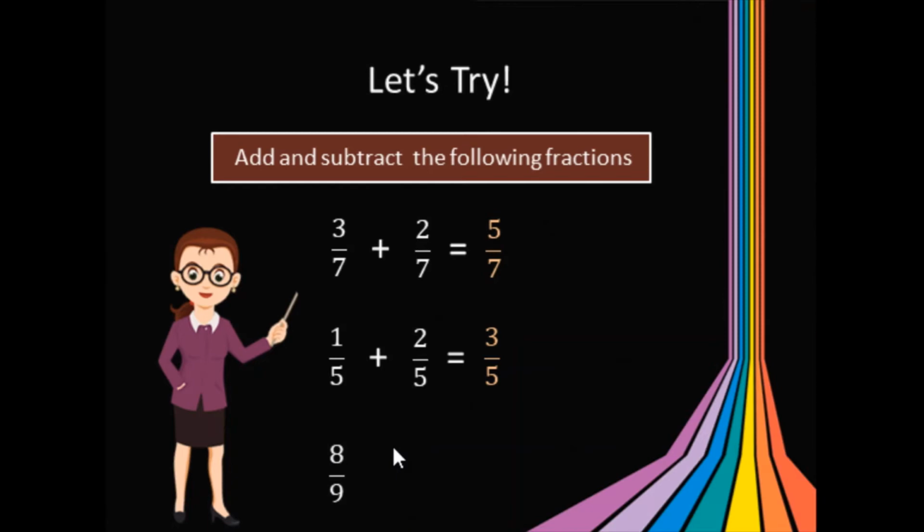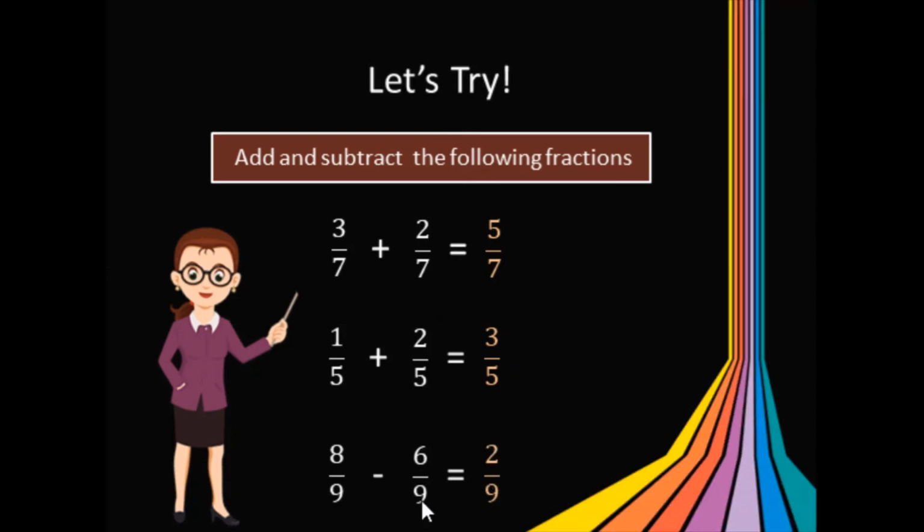Okay. Next, you have 8/9 minus 6/9. Write your answer in 3, 2, 1. The answer is 2/9.